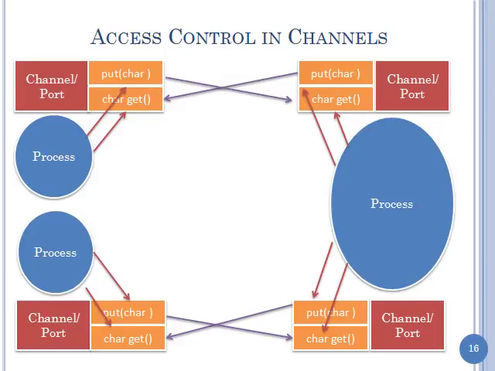So let me now ask you a little bit of a trick question, or a very straightforward question. So the model seems to be that we needed some access control even for inter-process communication. Some arbitrary process shouldn't be able to come and talk to another process. Okay?